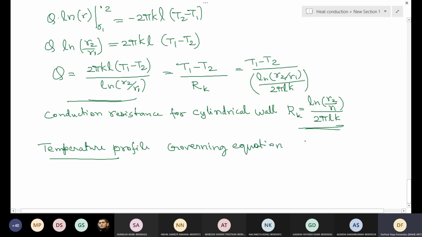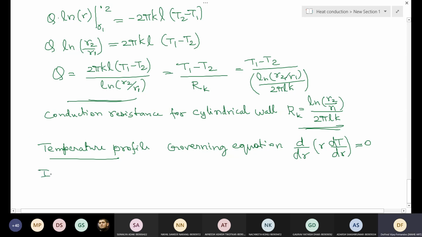Tell me the governing equation: d by dr of r into dt by dr. Very easily you can remember. It's not difficult. Later when it comes to spherical coordinates, you have to make it r square here. That's all. For cylindrical it is d by dr of r dt by dr.